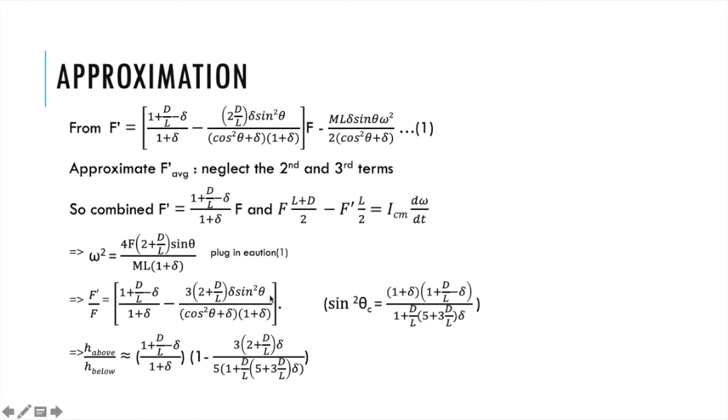Finally, we can get the relation between the ratio of height and the initial conditions. Note that this ratio is fixed if the initial conditions don't change. So when we put the pot higher, the chain will fly higher.